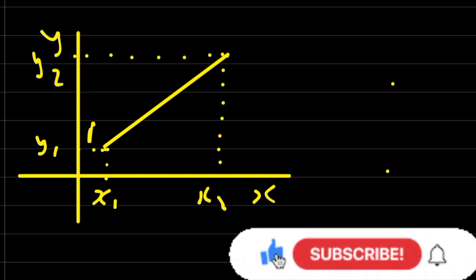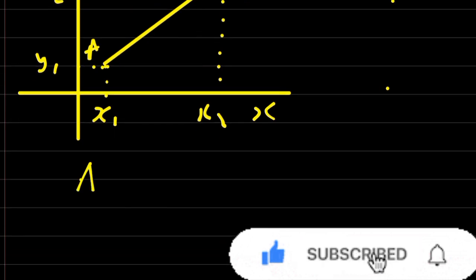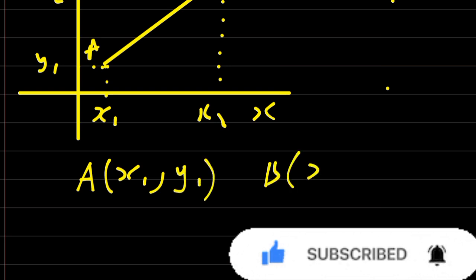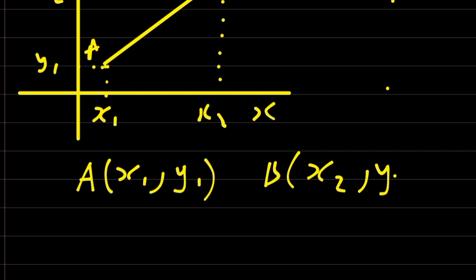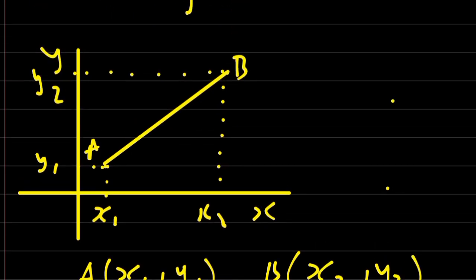So let's say this is point A and point B. So it simply means that the coordinate of point A is x1, y1, while the coordinate of point B is x2, y2. So we want to calculate the distance between point A and point B. So imagine we just have two coordinates given. The coordinate of 2 points are given. How do we calculate the distance between these 2 points? Just like what we have on the screen.